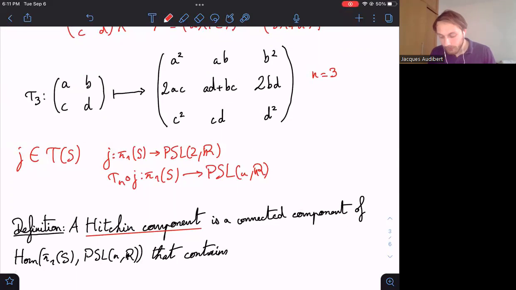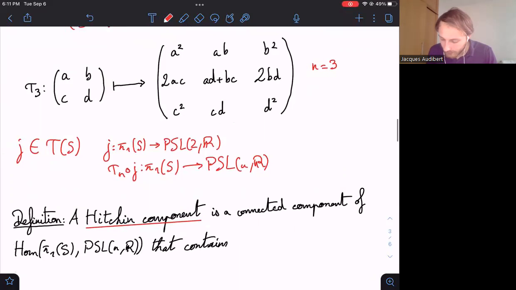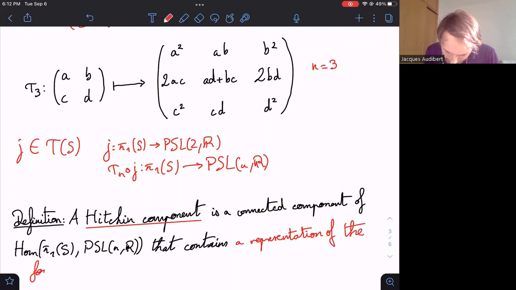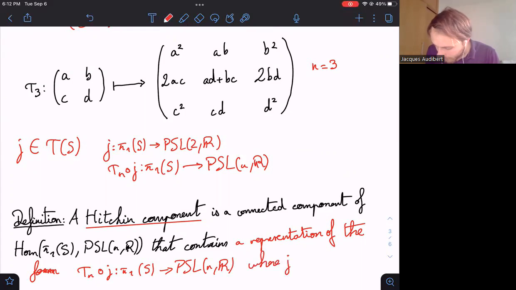So a Hitchin component, or the Hitchin component, like I explained to you in the problem earlier, is a component of representations from pi1S to PSLNR that contains a representation of the form tau of n circ J, where J lies in Teichmüller space.